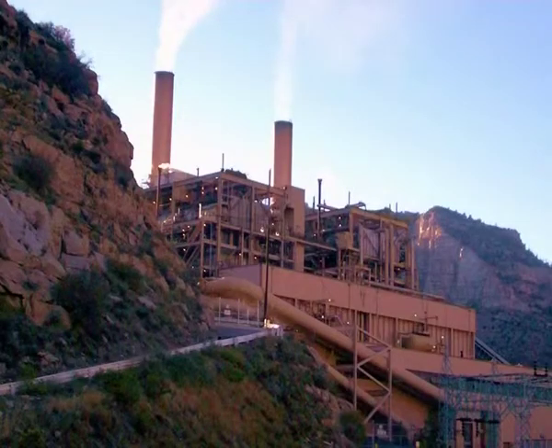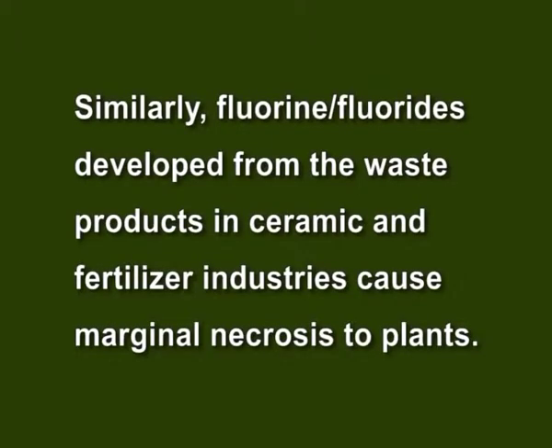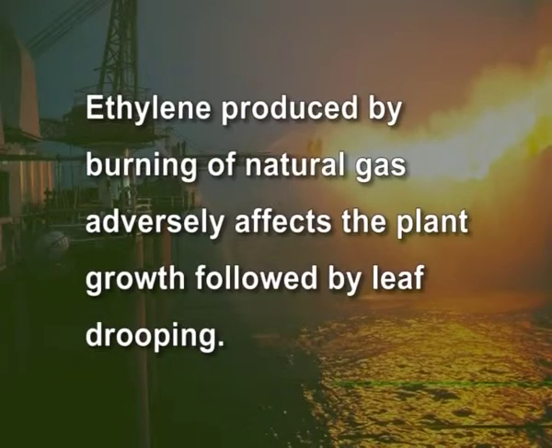Gaseous forms such as coal gas and smoke released from coal industry are injurious to plants, causing browning of leaf blade, premature shedding of leaves, and sometimes death of the plants. Similarly, fluorine or fluorides developed from the waste products in ceramic and fertilizer industries cause marginal necrosis to plants. Ethylene produced by burning of natural gas adversely affects the plant growth, followed by leaf dropping.